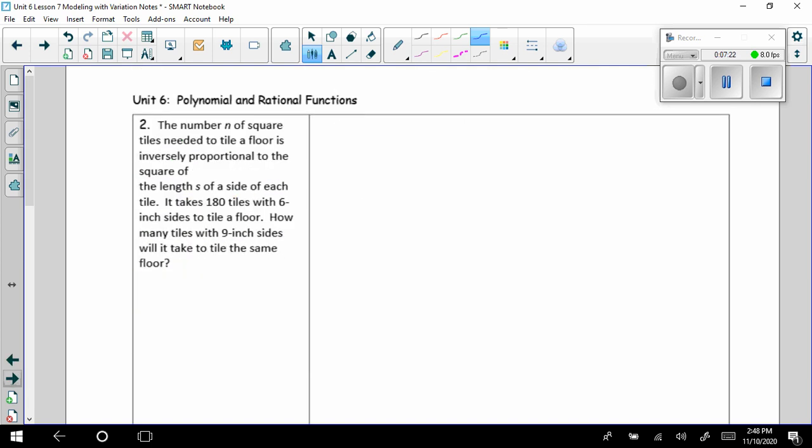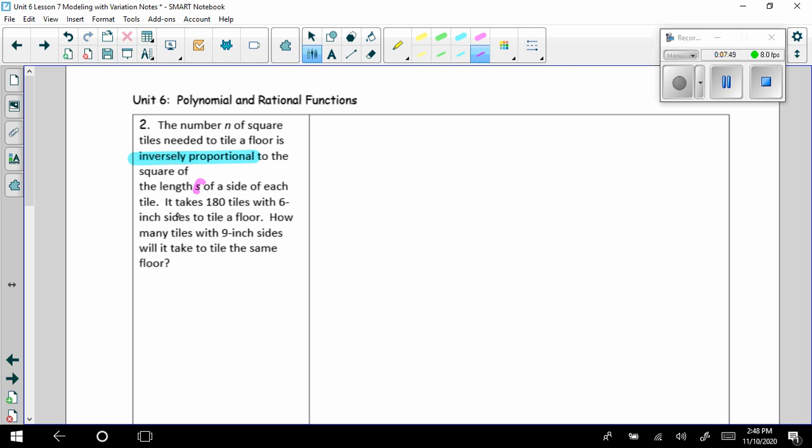All right, so let's look at another example of inverse variation. And so it says here, the number n of square tiles needed to tile the floor is inversely proportional to the square of the length s of a side of each of the tiles.